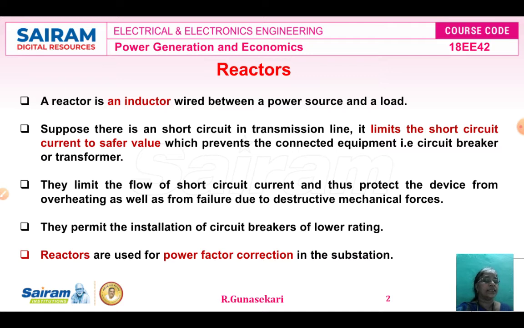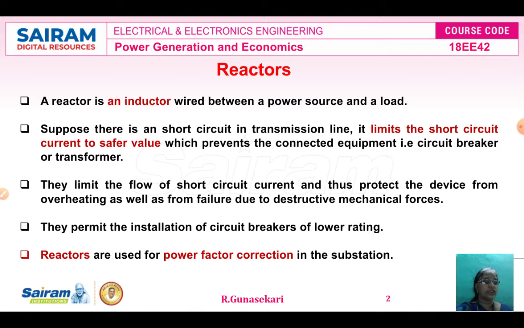The reactors can be shunt reactors and series reactors. The shunt reactors are used in an extra high voltage substation to neutralize inductive reactance in long extra high voltage transmission lines. The shunt reactor is an absorber of reactive power, thus increasing the energy efficiency of the power system.